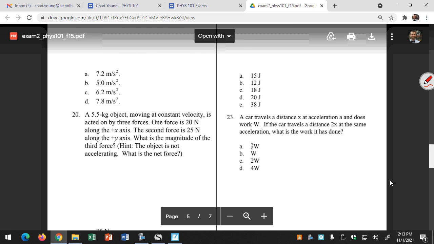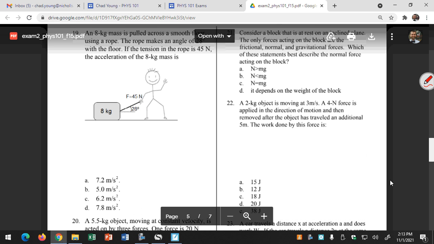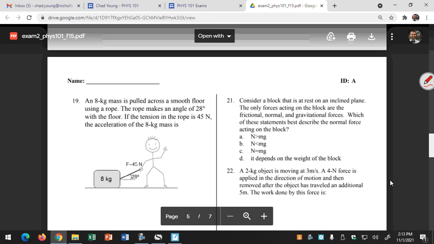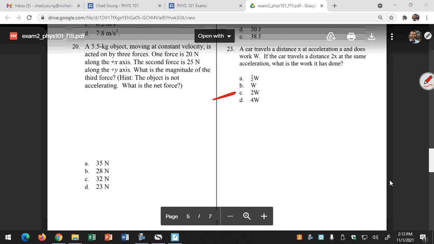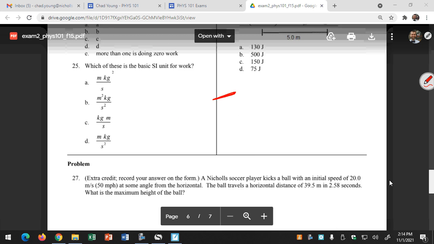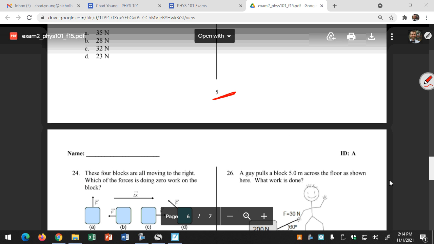So it looks like, from 22 down, this is fall 15 exam 2. From number 22 down through the end is potentially a problem.